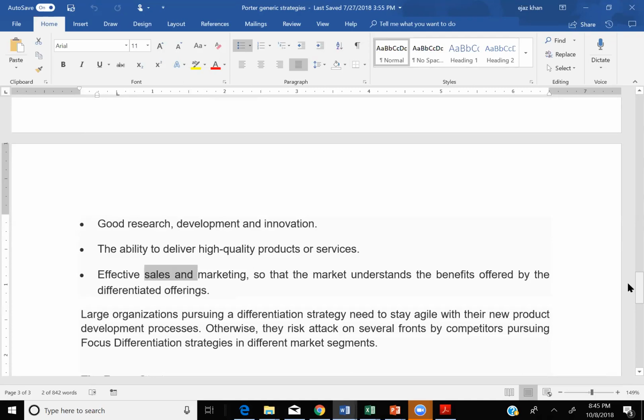And for that, you have to spend more costs. But if you don't want to charge high prices, but still want to earn profit margins, then you have to reduce your costs. And this will be the only way to earn your required profits.